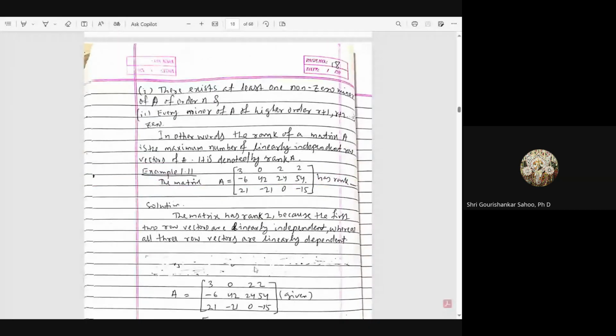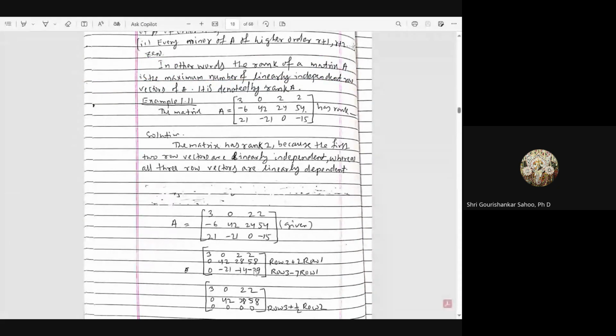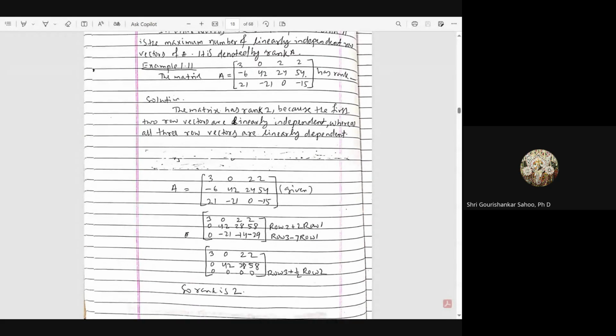So let us have an example so that we can have a little feel. The matrix is A, and A can be written as 3, 0, 2, 2, minus 6, 4, 2, 4, 21, 0, minus 15... so the given matrix is this. Now you add to row 2, 2 multiplied by row 1, and to row 3, minus 7 row 1, and you will have 3, 0, 2, 2, 0, 4, 2, 8, 0, minus 21, minus 14, minus 29.